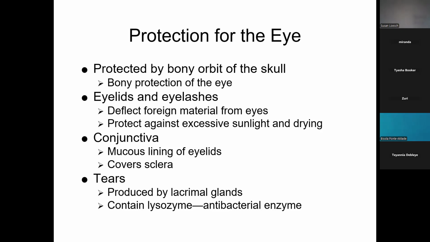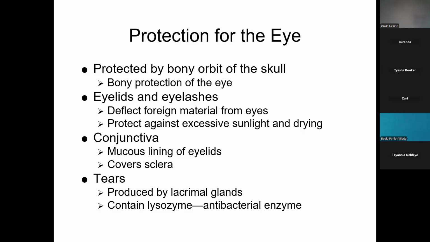Your eyelids are also lined with mucous membranes known as the conjunctivae. I'm sorry, the conjunctiva goes over the sclera and helps protect the eye. The sclera is separate.